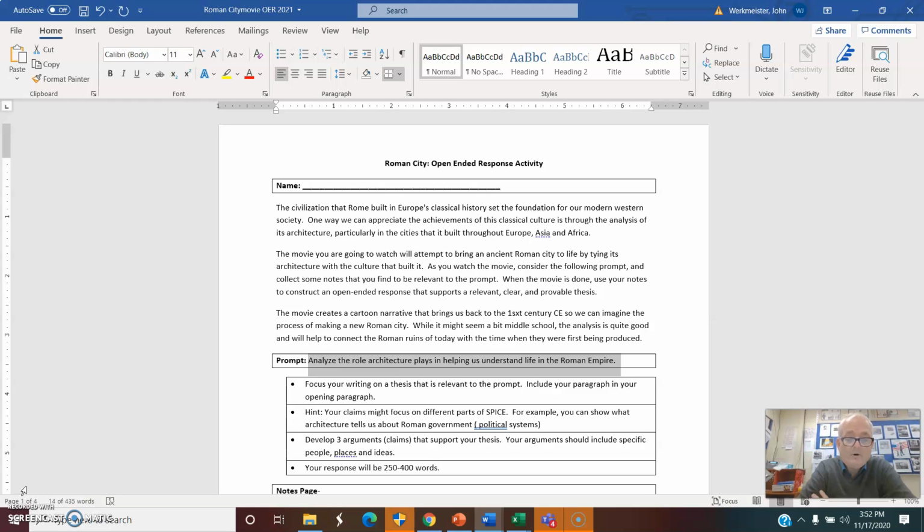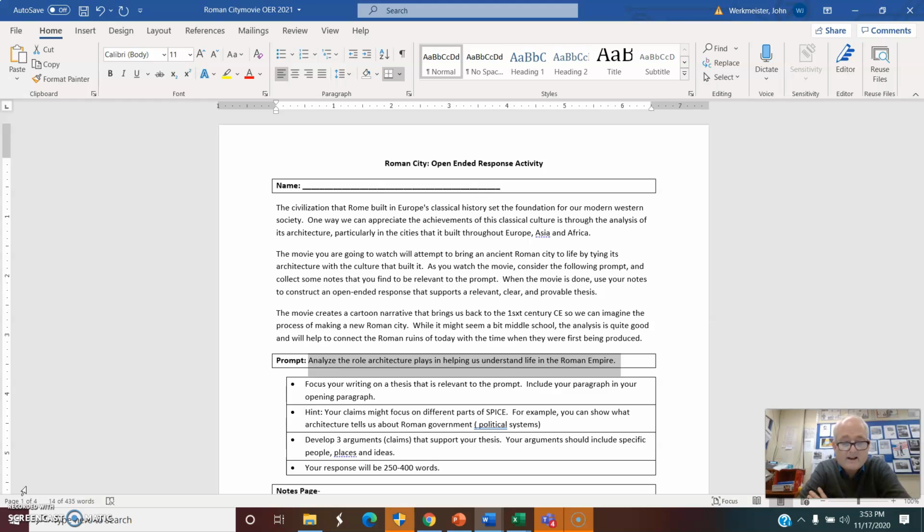So it talks about the movie, which is a narrative story, because the architecture wasn't made to confound archaeologists. It was made to meet certain human needs, just like our schools and our stores and our streets and roads, our highways and airports are things that humans built today to meet certain human needs. So the essay here is: analyze the role architecture plays in helping us understand life in the Roman Empire.